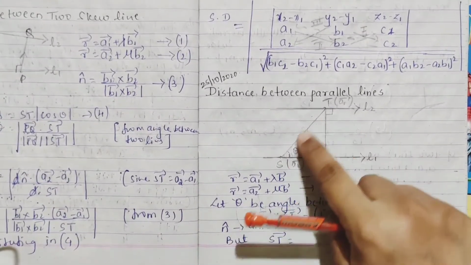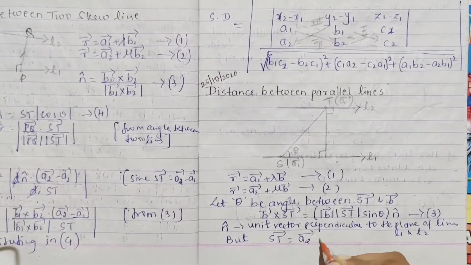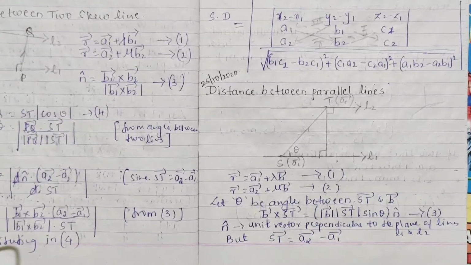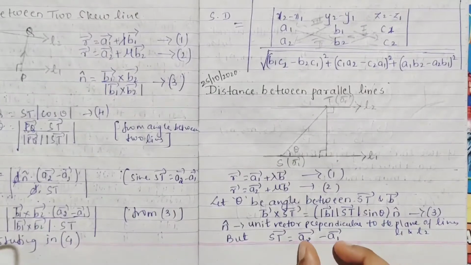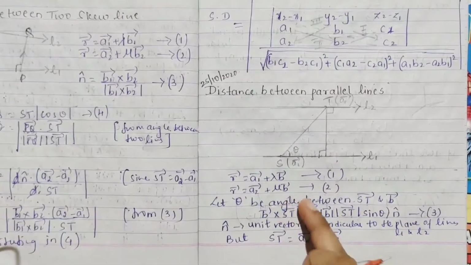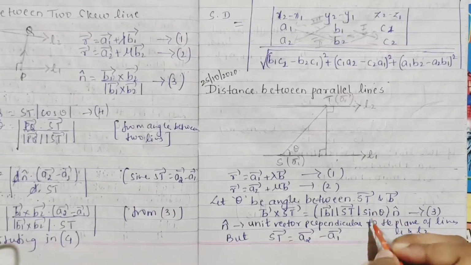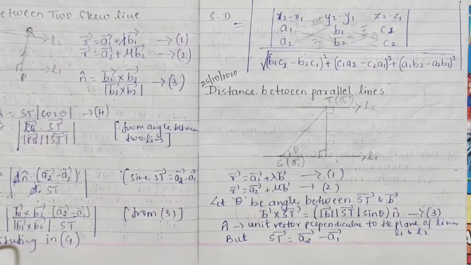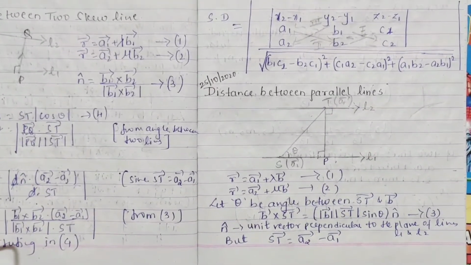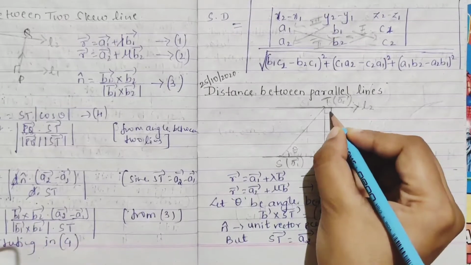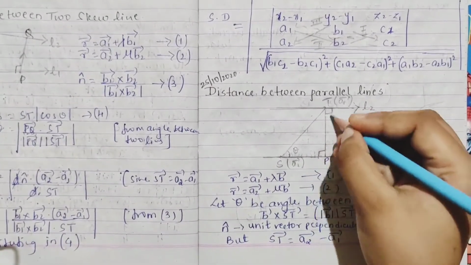But what will ST be? ST is vector a2 minus vector a1. Now putting this in, the modulus ST and sin theta they have made as PT, because you have to find that only. Here this angle you are finding, there will be corresponding angles because they are parallel lines, so the corresponding angles will be equal.